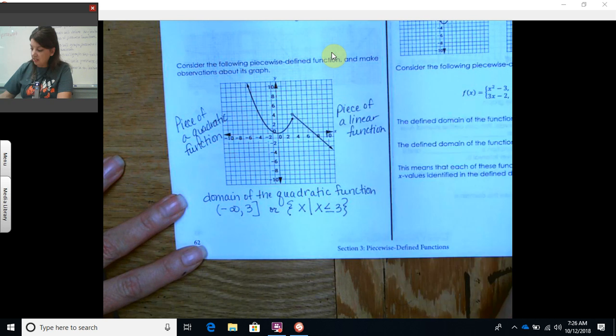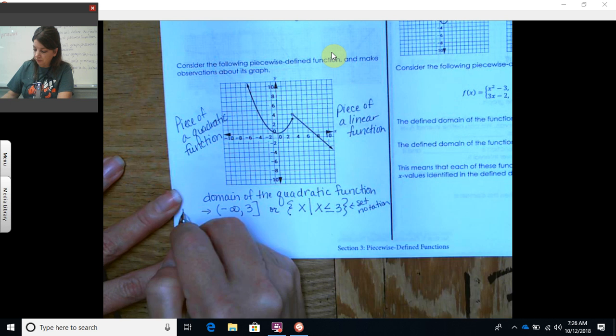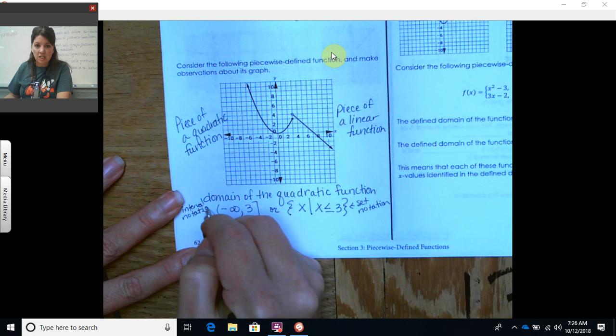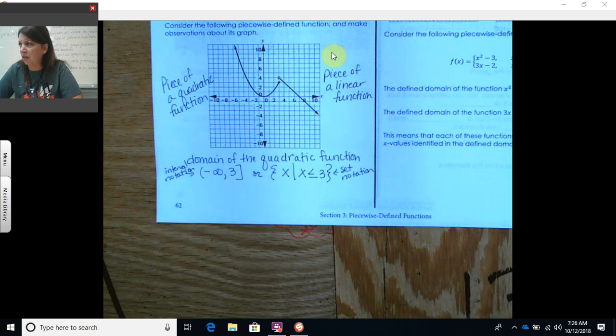So those two mean the same thing. This is set notation. This is interval notation. So if it was a multiple choice test, who knows which way they're going to write it. So you would want to make sure you knew what both of those meant, right?